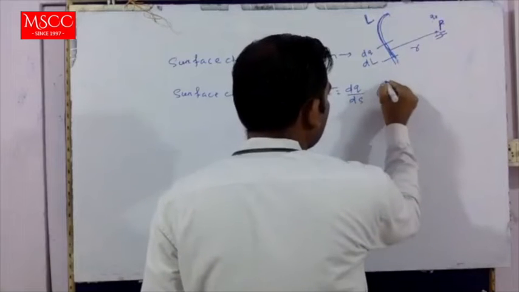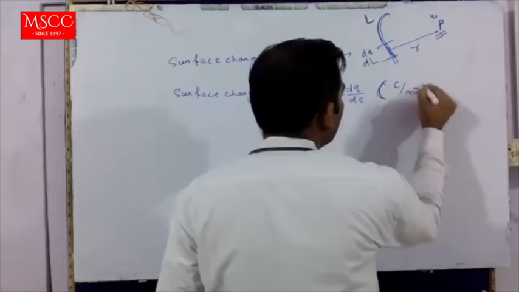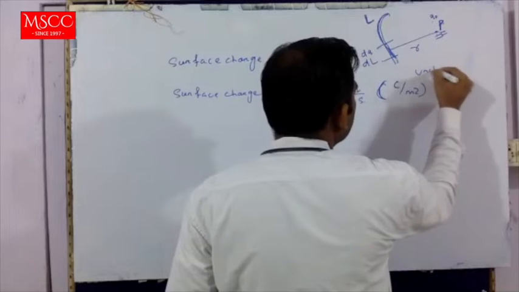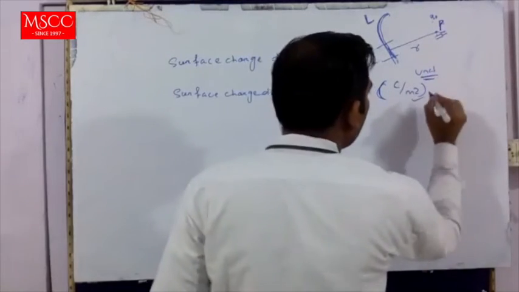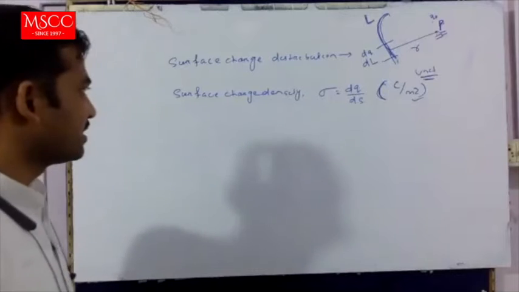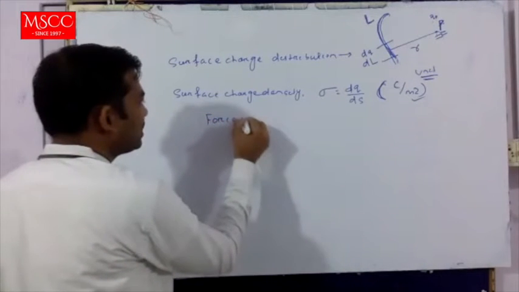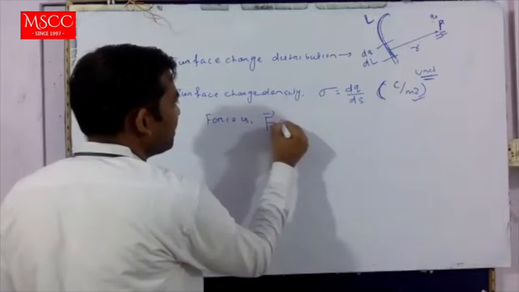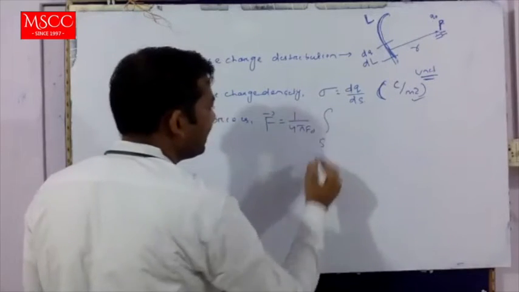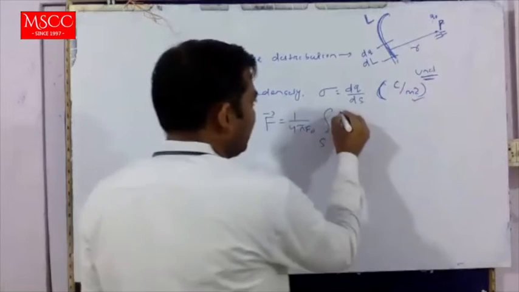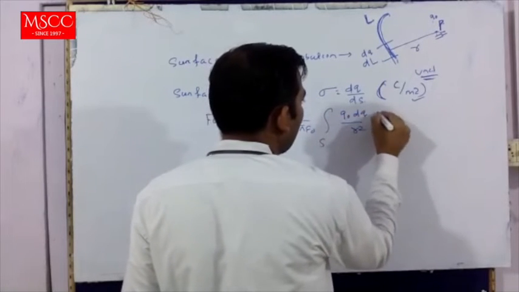Write down: charge per area, coulomb per meter square. This is the unit. Surface charge density unit is coulomb per meter square, and force is 1 by 4 pi epsilon naught integral q naught dq by r square r cap.